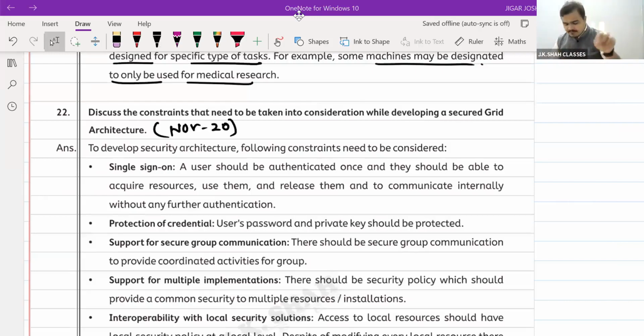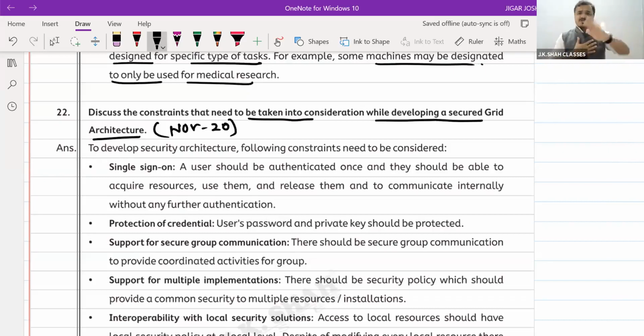Suppose you are appointed as a security advisor in ABC Private Limited, which has decided to use grid computing technologies. As a security advisor, advise the company on all the points to be taken into consideration while developing a secured grid architecture. How can one develop this entire connection securely?